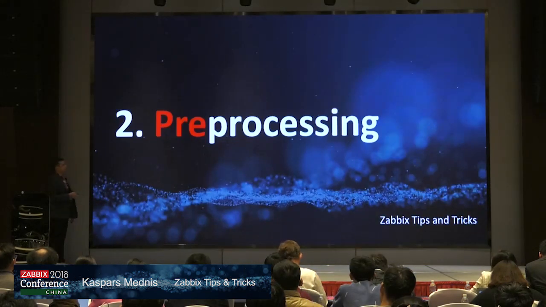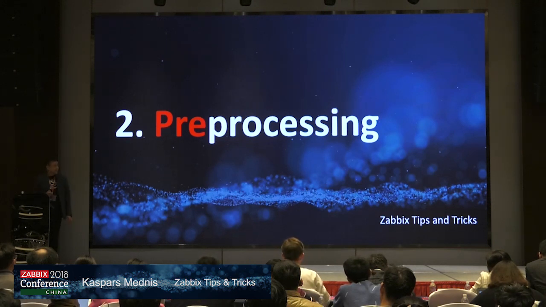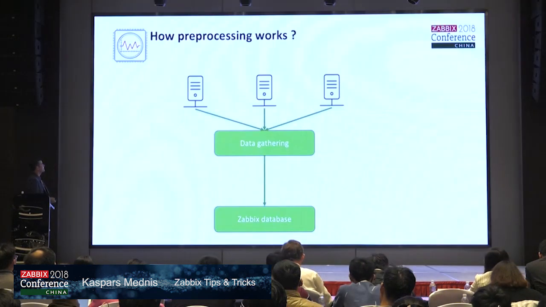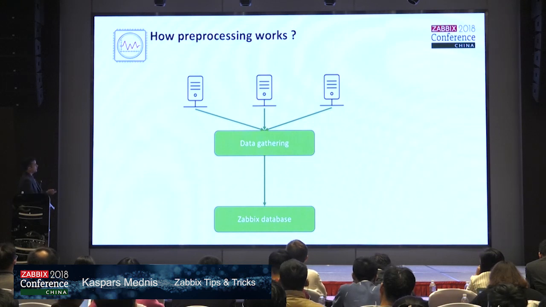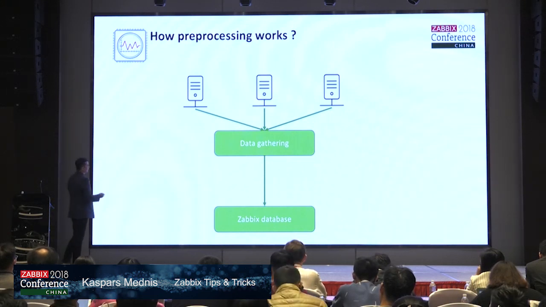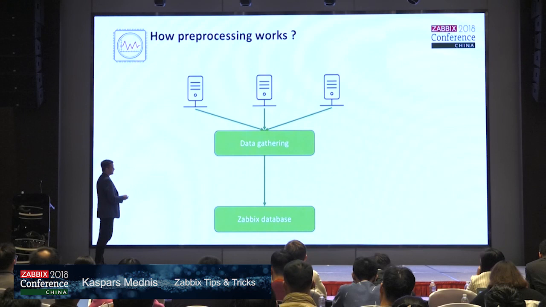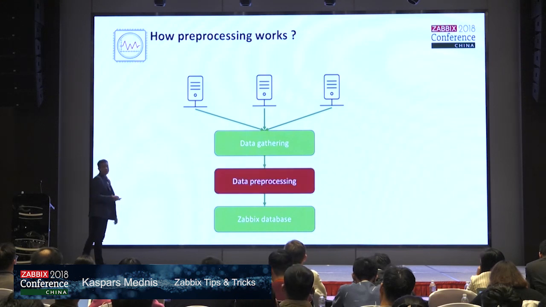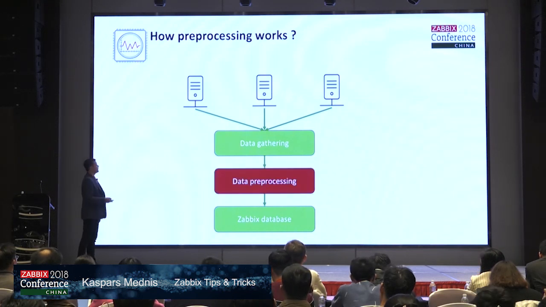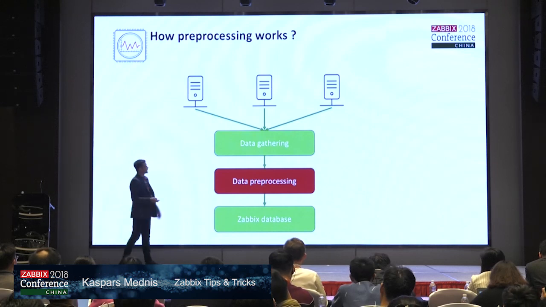Okay, let's move forward. So, in the latest version of Zabbix, we have introduced pre-processing. So, how does it work? Here we have a host. Hosts are gathering data, and data are stored in the Zabbix database. And then we can add pre-processing, which will transform the gathered data.